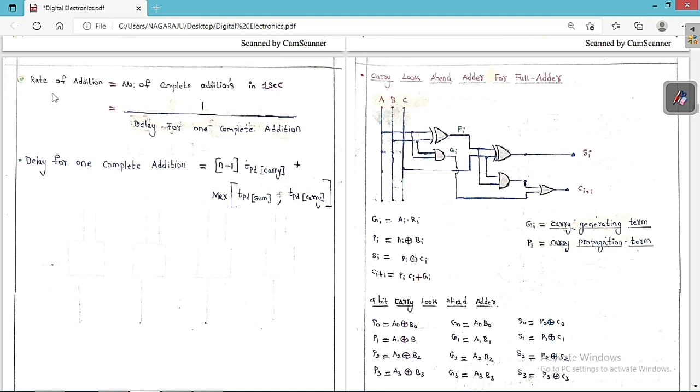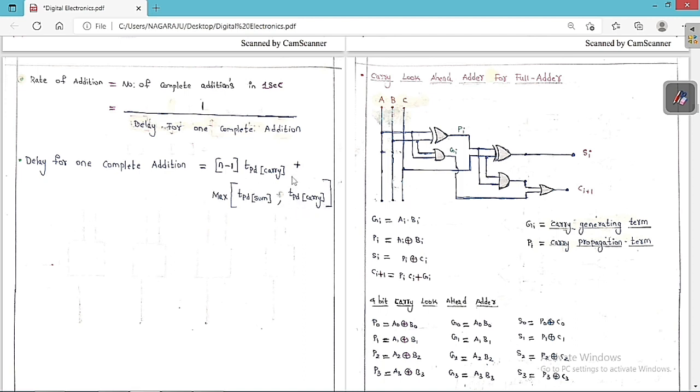So if you want to find the rate of addition, the number of complete additions in 1 second is nothing but 1 by the delay for one complete addition. The delay for one complete addition is equal to (N-1) into TPD carry plus the maximum of the propagation delay of the sum and the propagation delay of the carry.